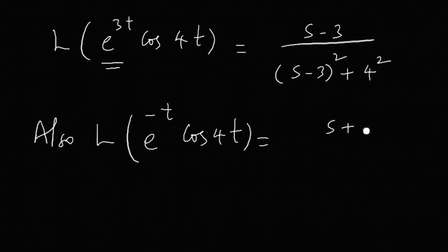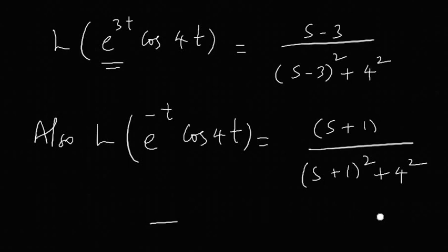And it will be s plus 1 divided by, wherever s is there, it will become s plus 1. So this is the value for L of e power minus t into cos 4t. I'm not going through all the rules which are there in the Laplace transforms. I'm just touching the very important concepts. So let's touch upon one more, that is multiplication with t.